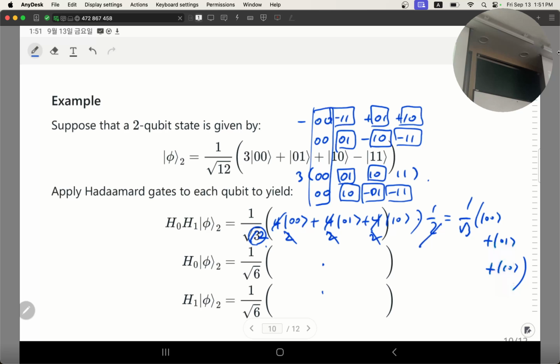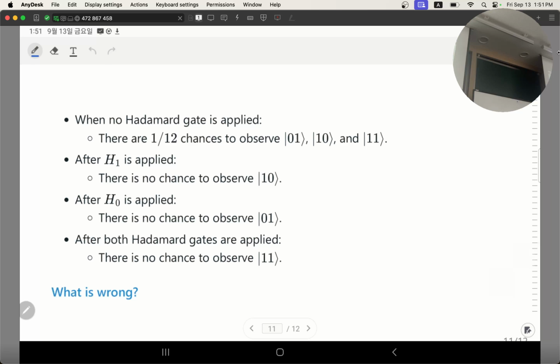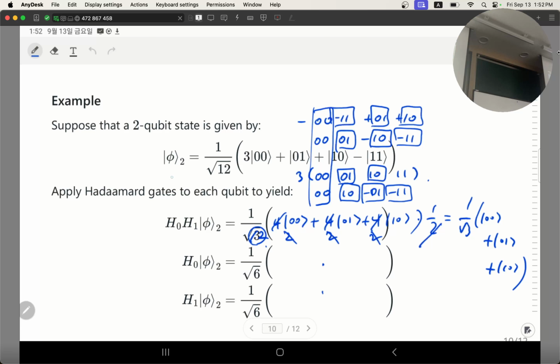What we are going to talk about here is a similar situation. Originally, I had this quantum state. But I'm going to flip a coin to decide whether I apply the Hadamard gate on qubit 0 or qubit 1 or both.